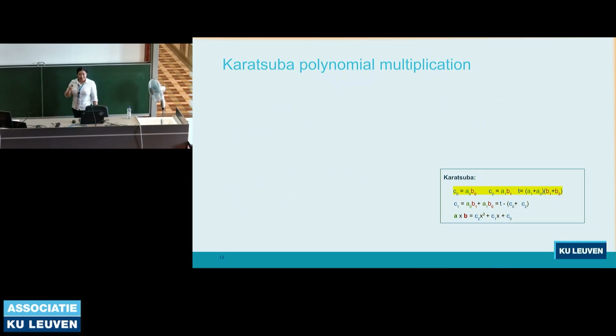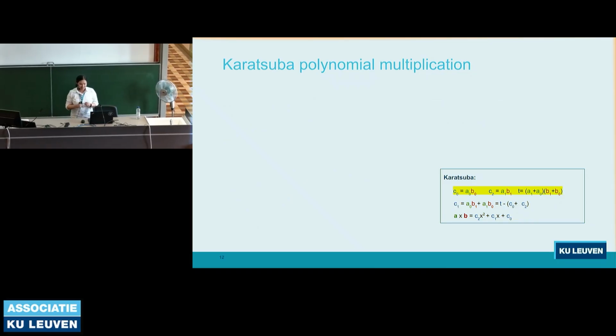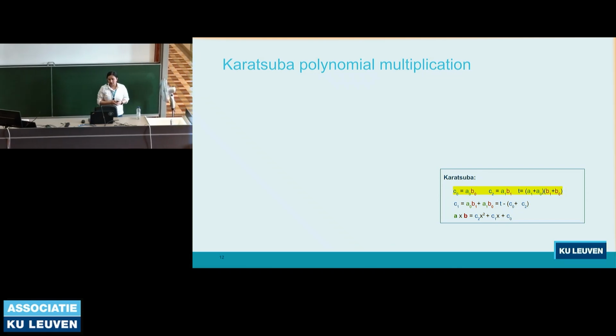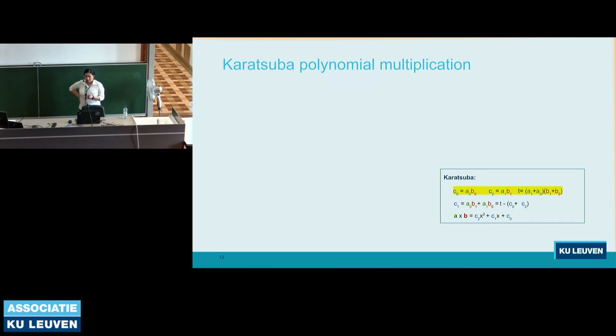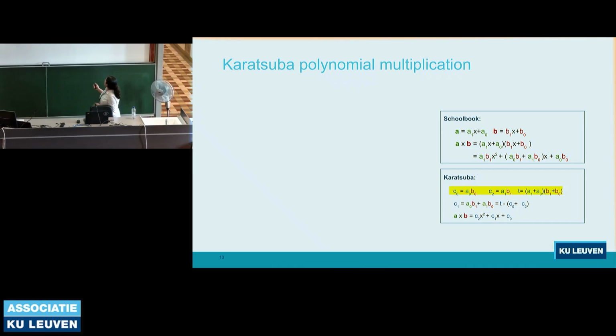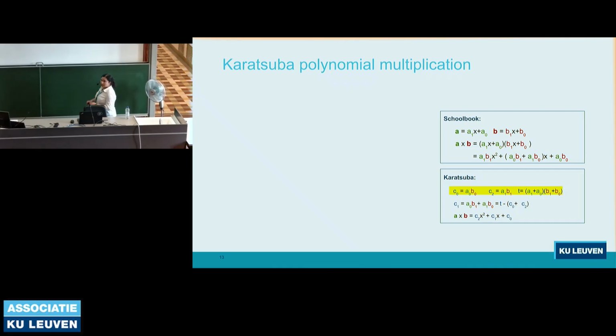Now, a very good algorithm over schoolbook multiplication is Karatsuba-based multiplication, where we actually could reduce from 4 multiplications to 3 multiplications. And that can be done by using these simple tricks.